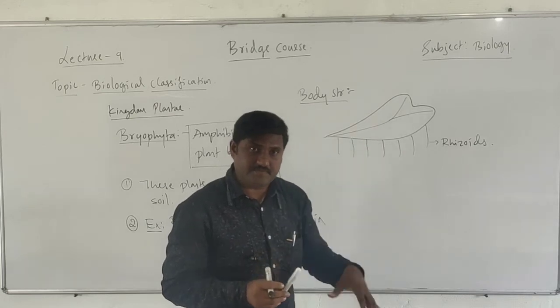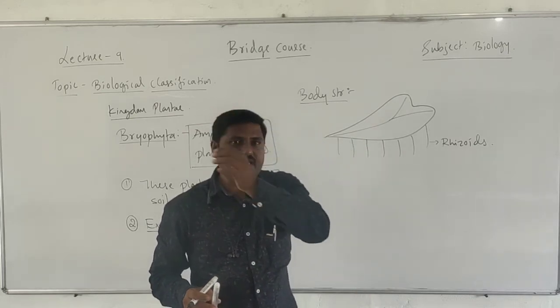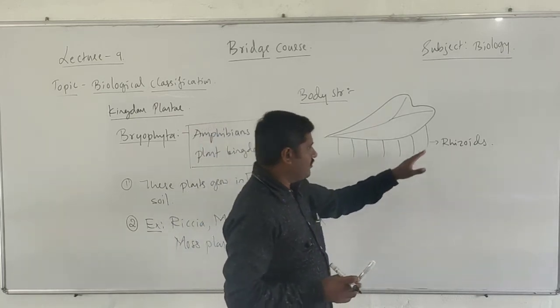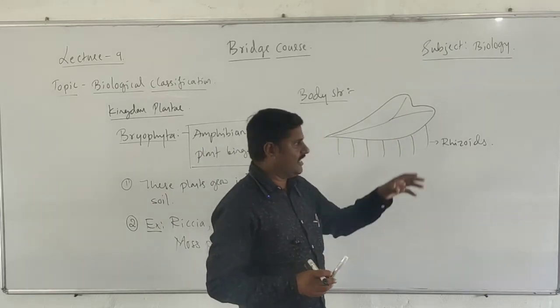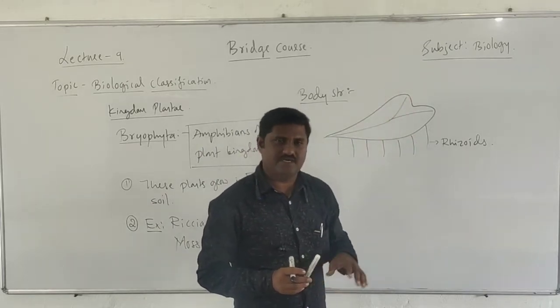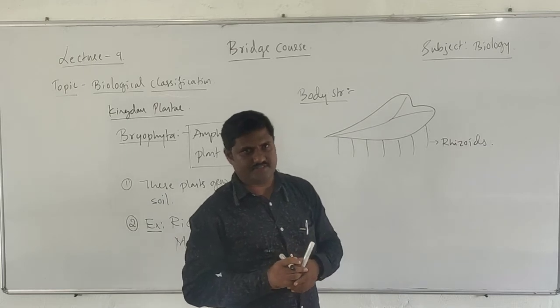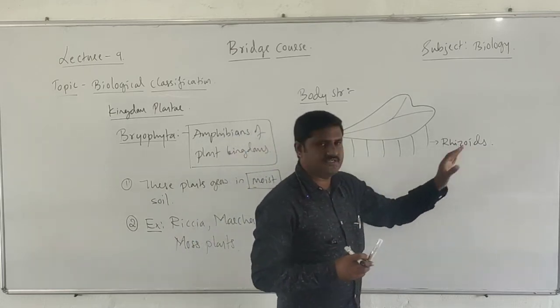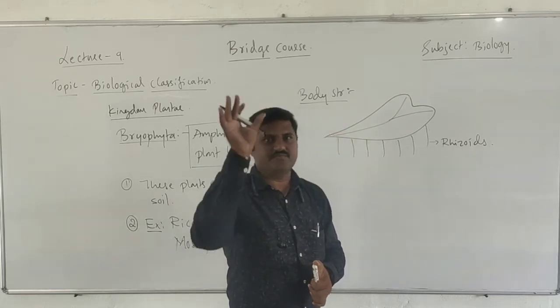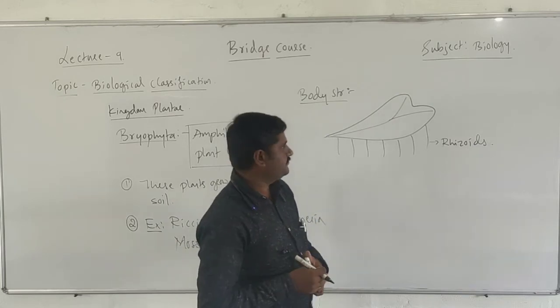It helps in anchoring, it helps in absorption of water, and it helps in mineral absorption. That kind of root-like structures are called rhizoids, a very important feature in these plants.